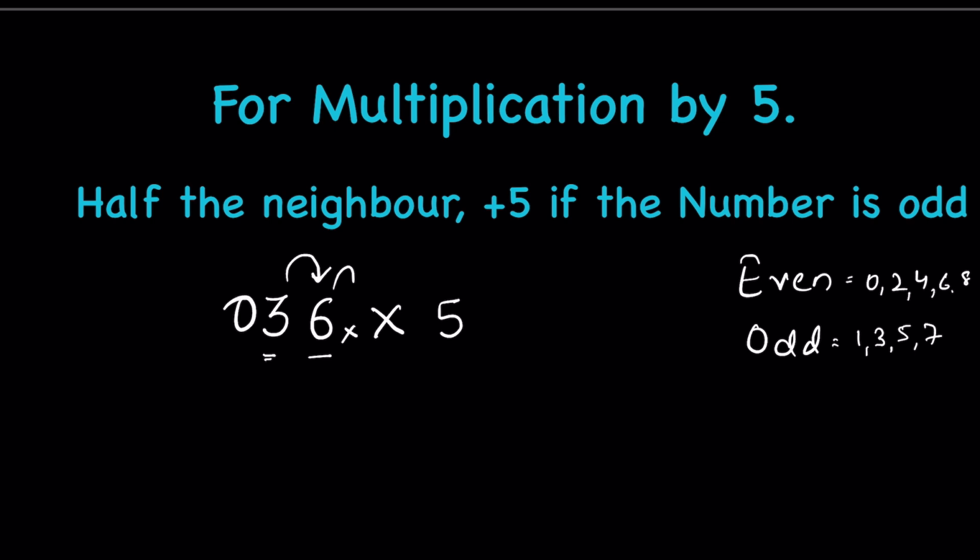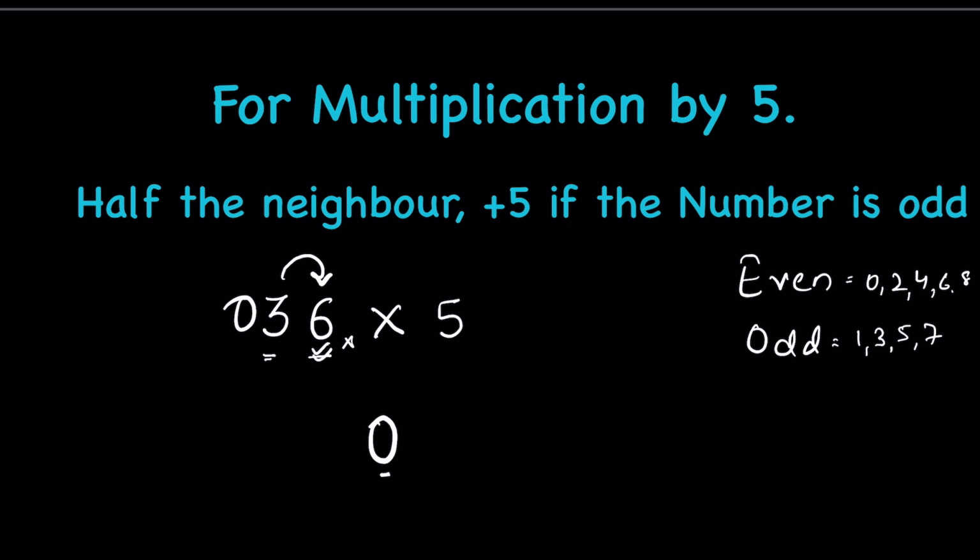Now let's start the multiplication using this method. First we have to half the neighbor. Since the neighbor here is none, we write 0 here. At the units place, we have 0. Then the neighbor of 3 is 6. So we half the neighbor.